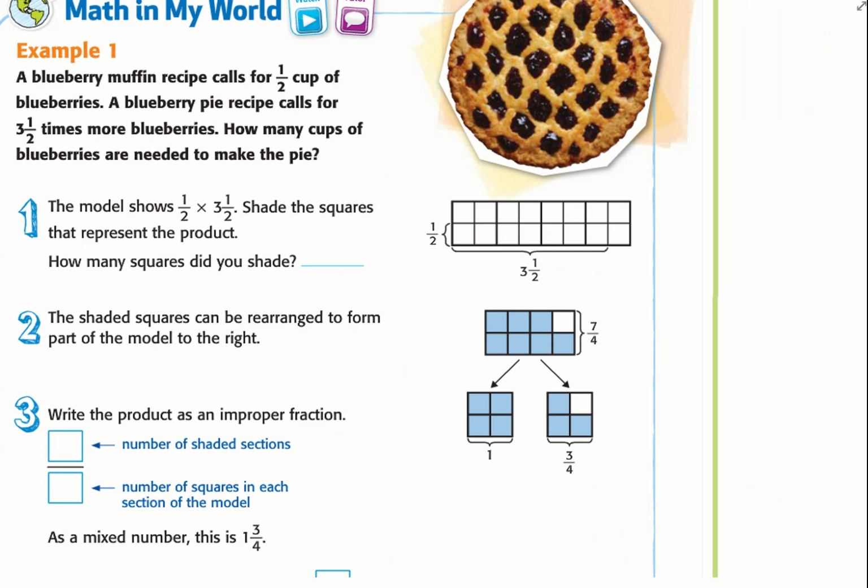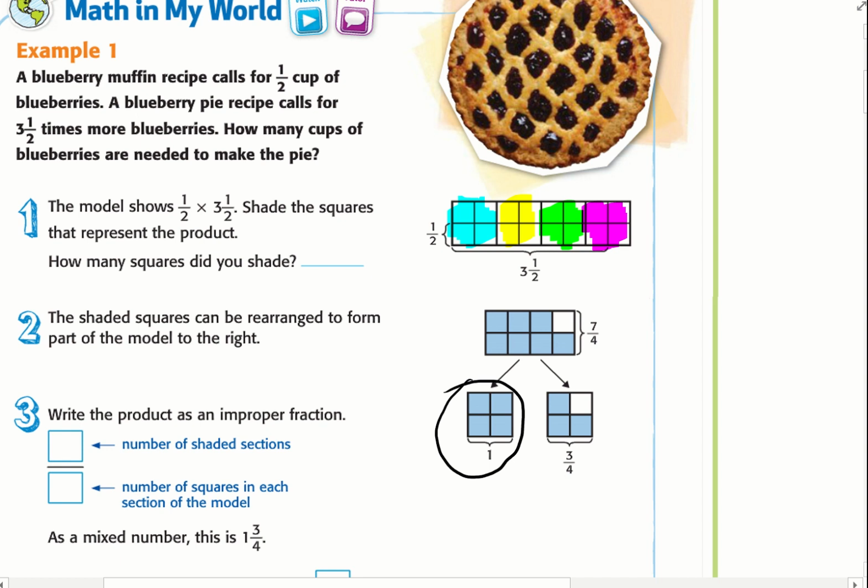So we kind of have to know what the model is. 1 whole square represents 1. This here represents 1. That square represents 1. This square represents 1. And this square represents 1.